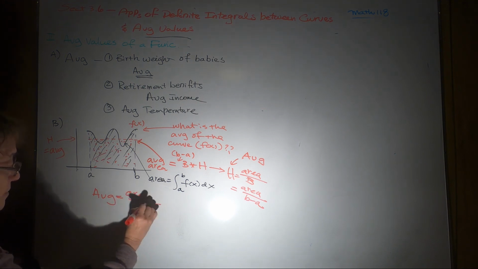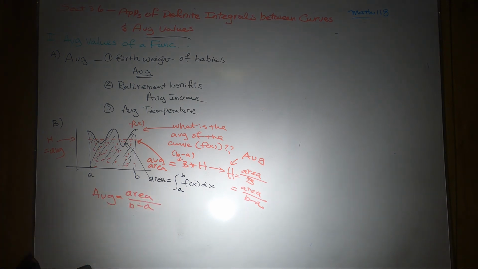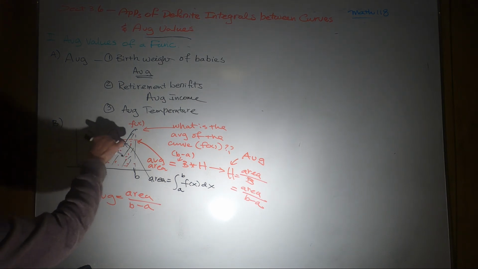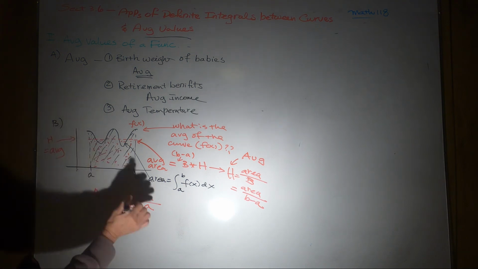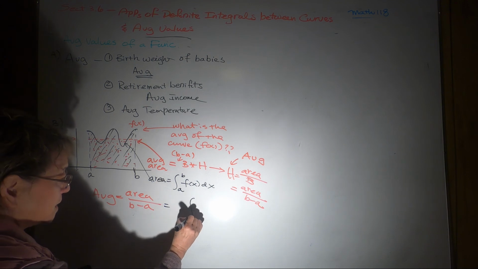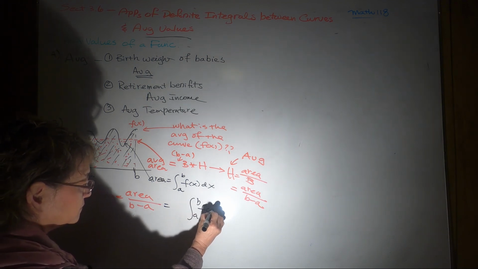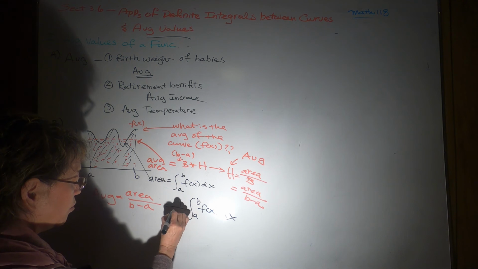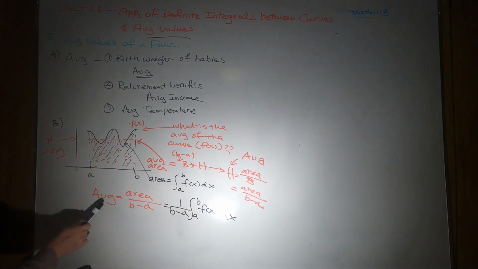Area divided by B minus A. Then from the concepts we have learned, for this curve, if you take the antiderivative from A to B, that would be your area. Is that right? So that's your area divided by B minus A.